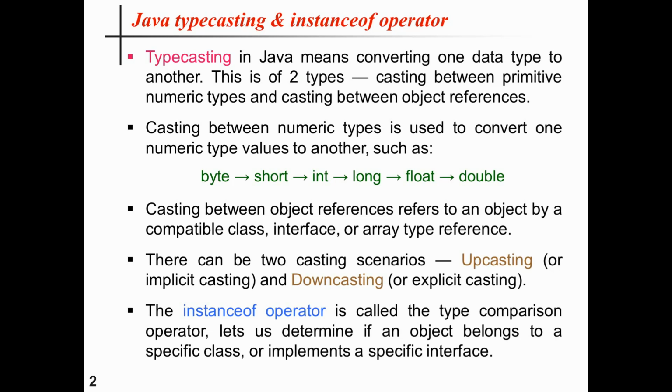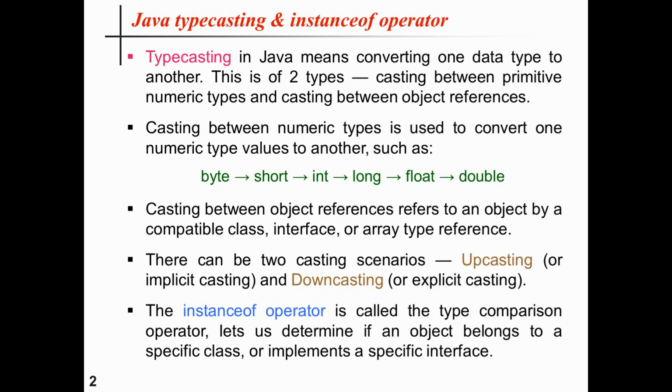Casting between numeric types is basically used to convert one numeric type's values to another numeric type's values, such as byte, short, int, long, float, double.